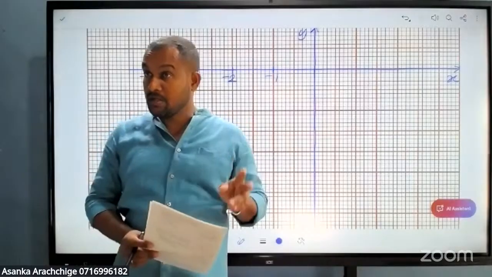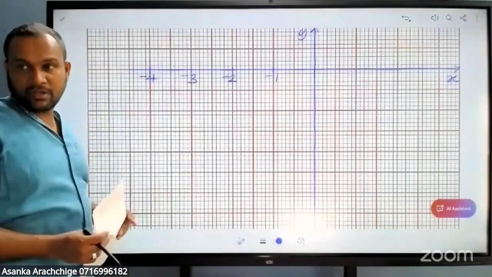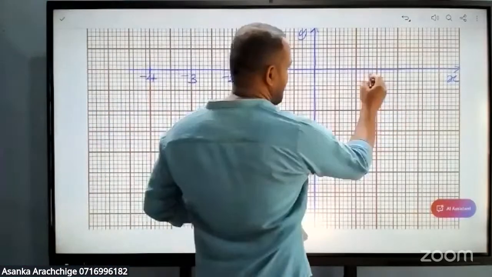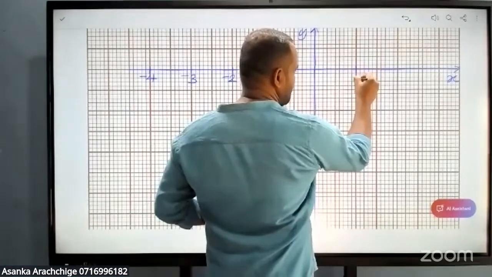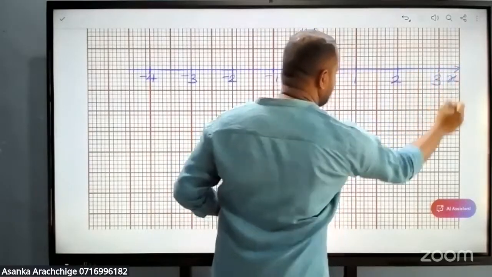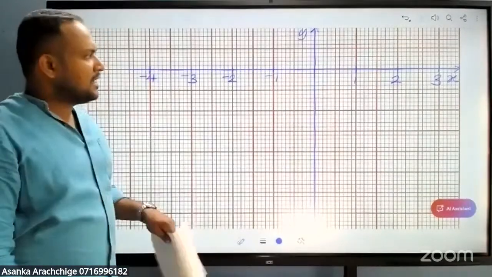Okay. Then similarly, on the positive side, we have +1, +2, and +3.